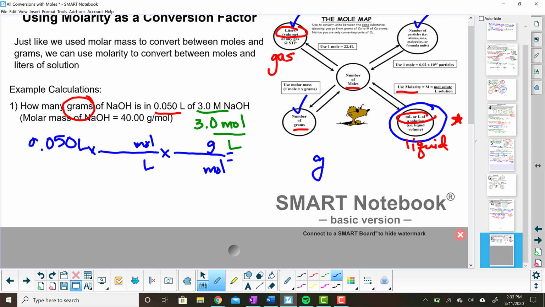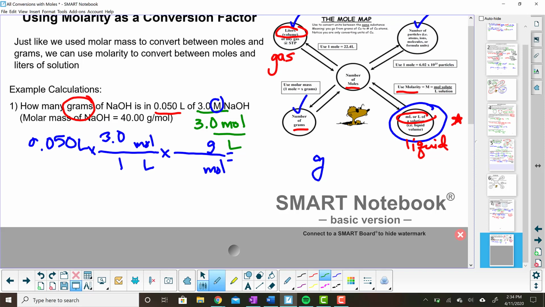Once you have that skeleton set up, we can go ahead and plug in all of the conversion factors. Our first conversion factor has moles over liters. And since we had already simplified our molarity earlier, we can see that there are 3.0 moles in 1 liter. It will always be 1 liter on the bottom.